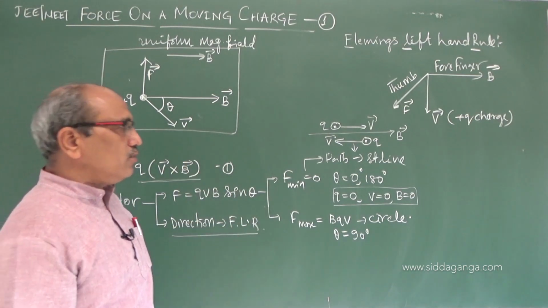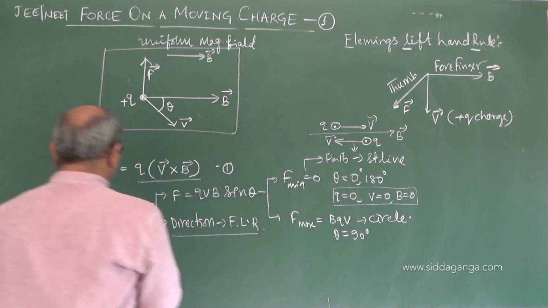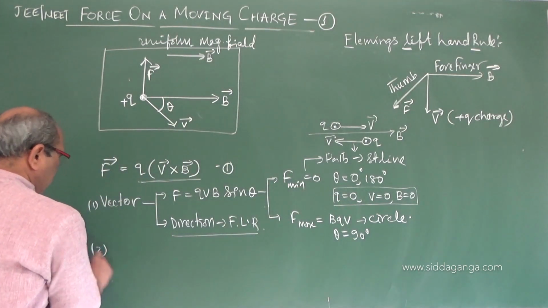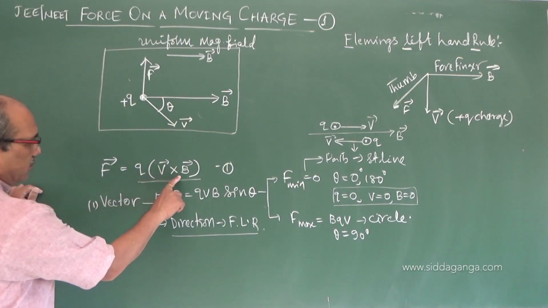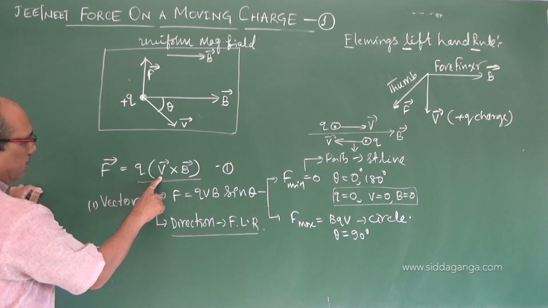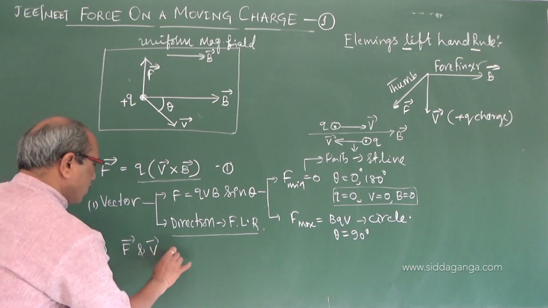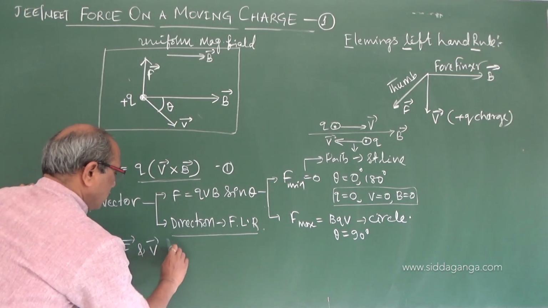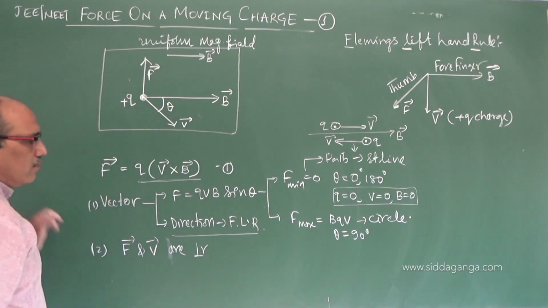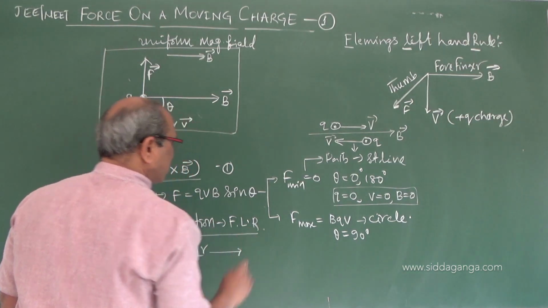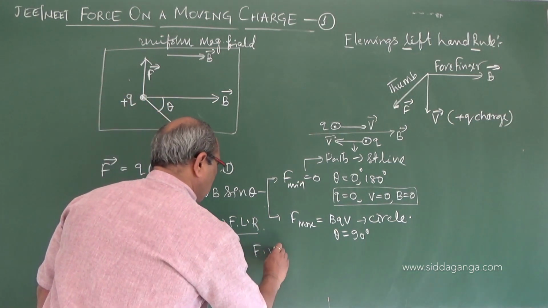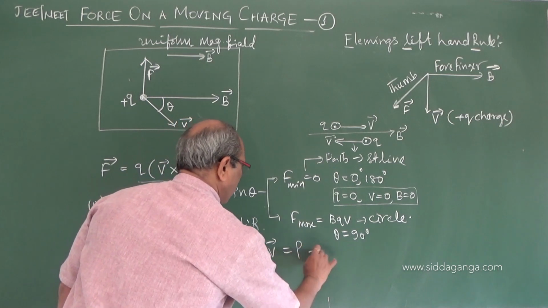And one more thing I tell you here, the third point coming to this vector: if you observe here, force and V are perpendicular. This suggests that F dot V is power.